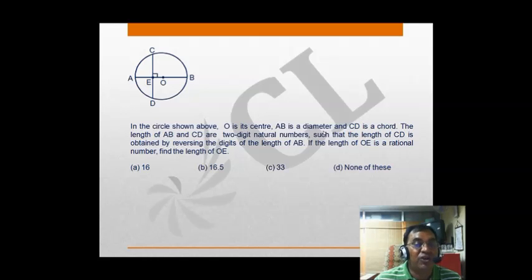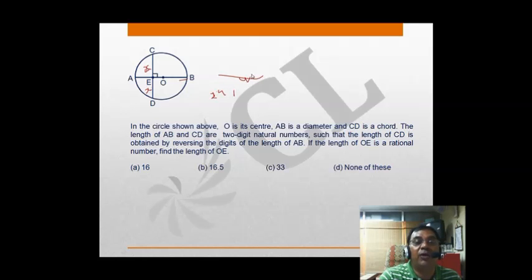I've just gone through the question. I've analyzed that AB is a diameter and CD is a chord, and because they are equal, so they will be equal. A two-digit number, the length of CD, is representing the length of O is rational. Find the length of OE. So if I start going, first is 24, 42.